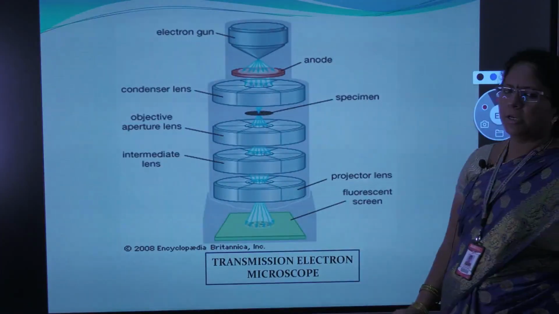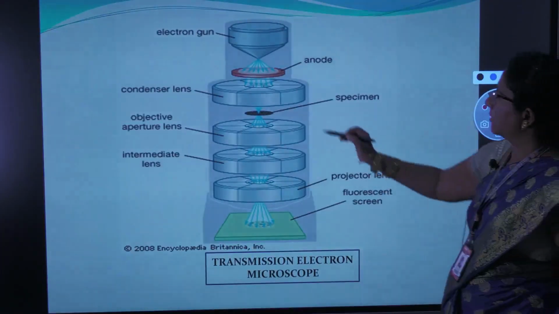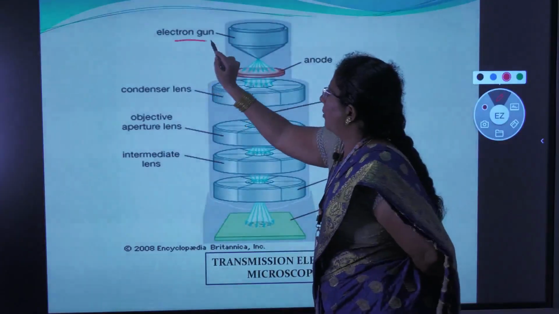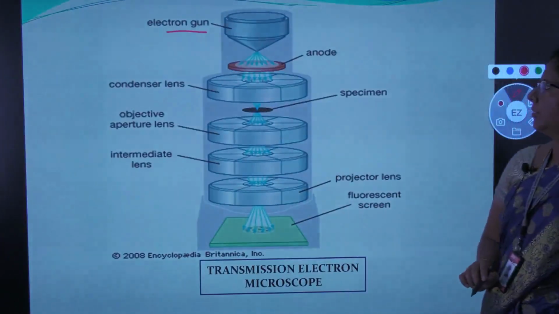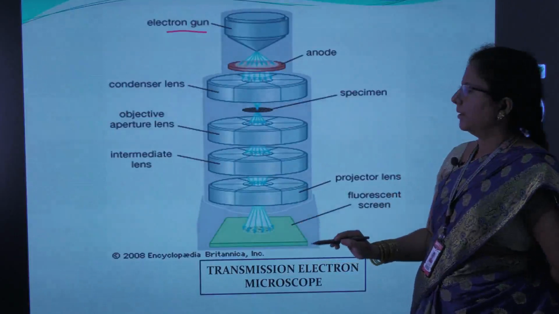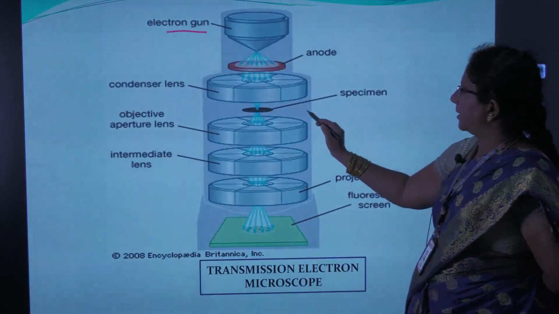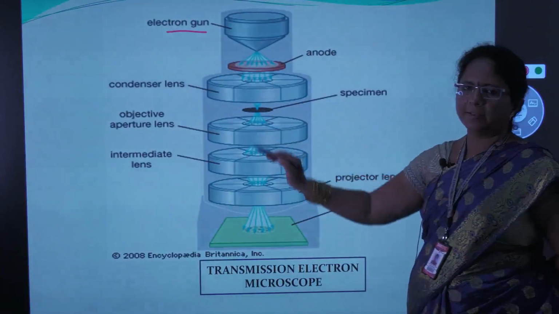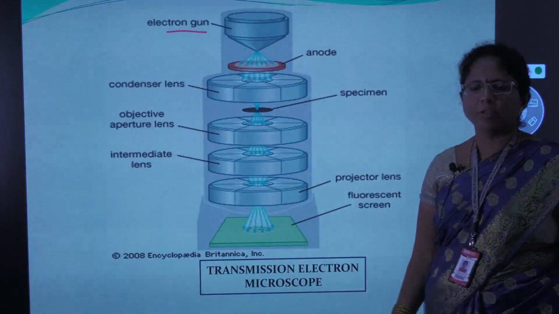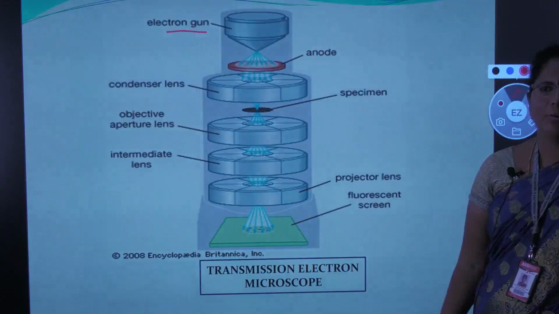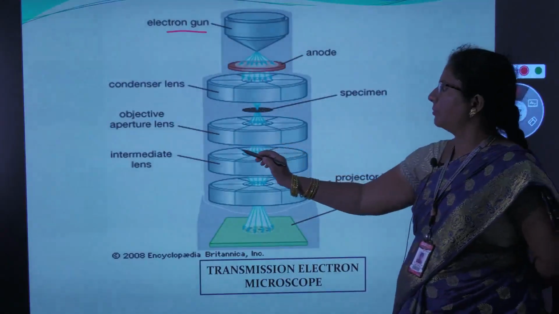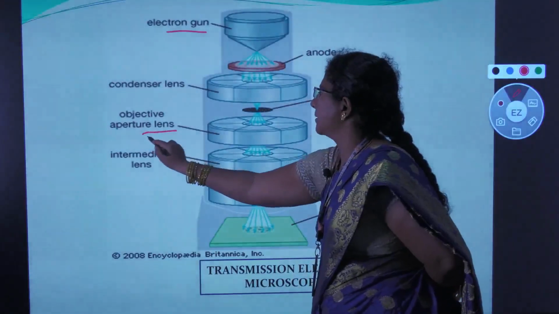Coming to the instrumentation, like SEM, this also has an electron gun placed at the top of the transmission electron microscope, then the condenser lens, and after that the specimen. But in the case of SEM, the specimen is placed at the bottom of the microscope in a sample chamber. Here it has an objective aperture lens.